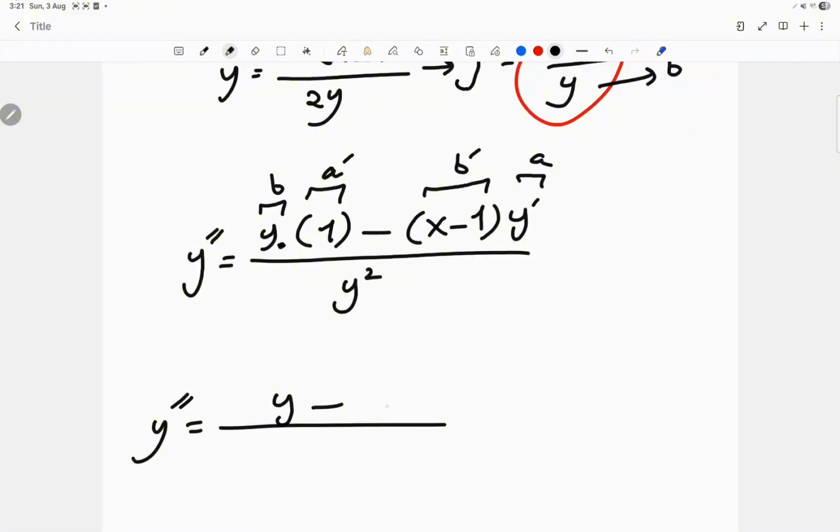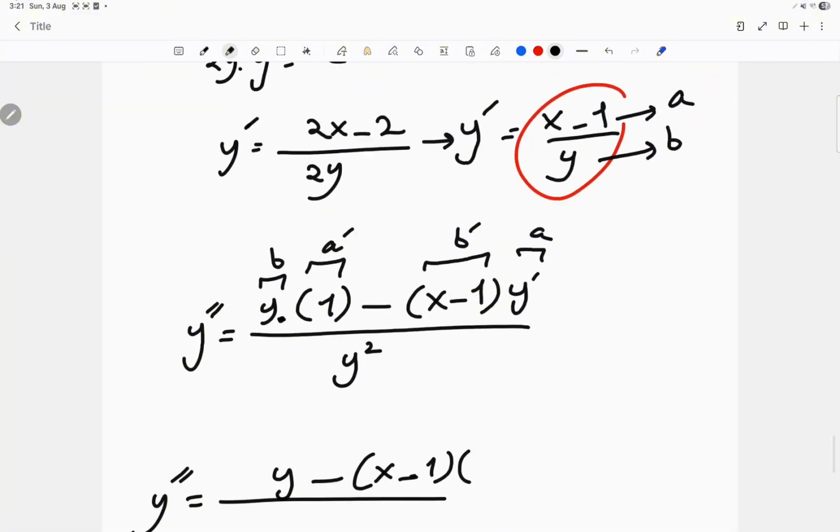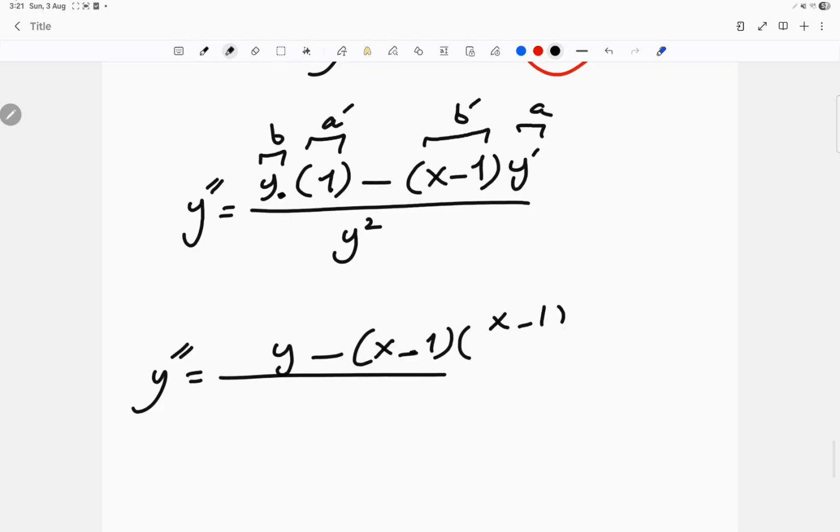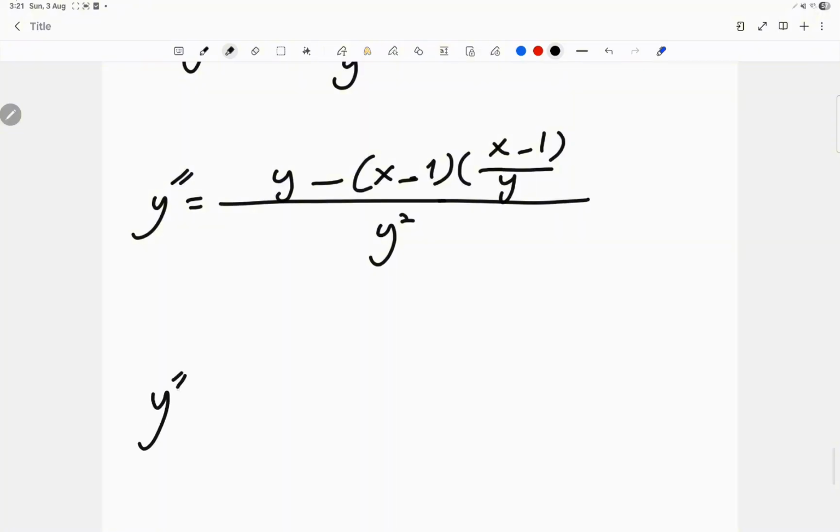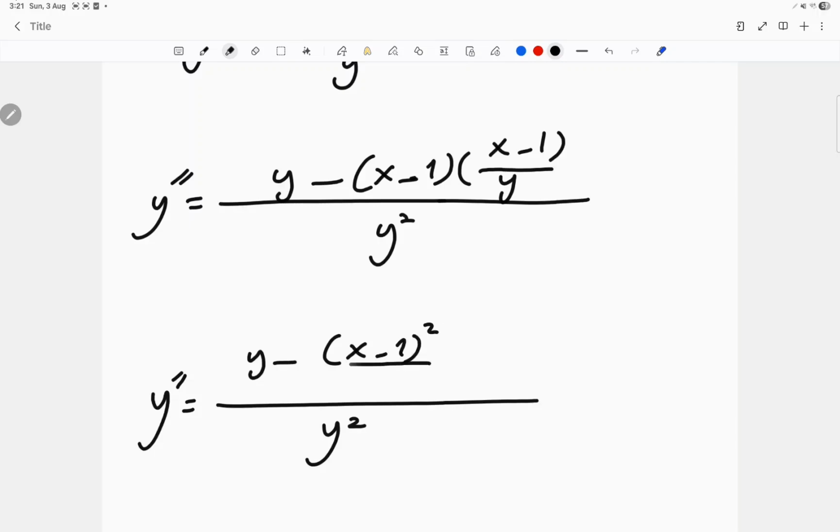So y minus x minus 1, and y prime is x minus 1 over y, squared. So you're going to have y minus x minus 1 squared over y. Make it a common denominator.